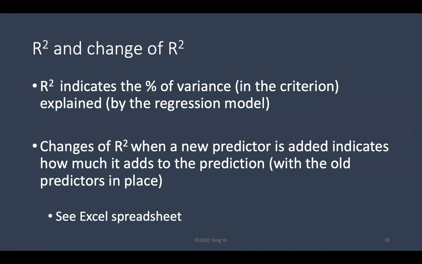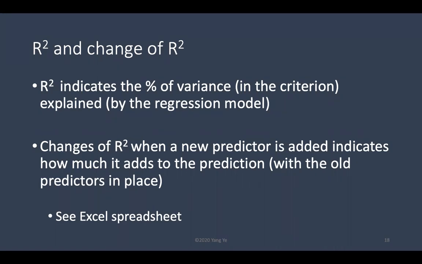Another way of understanding R square is that it indicates the percent of variance in the dependent variable that has been accounted for by the entire regression model. One interesting thing is that we can use the change of this R square, when a new predictor is added, to indicate how much the new predictor adds to the prediction.